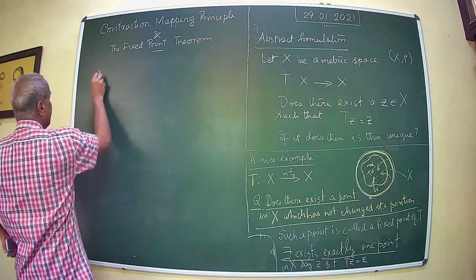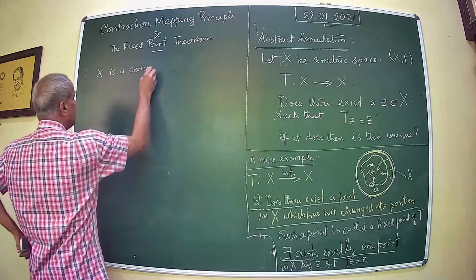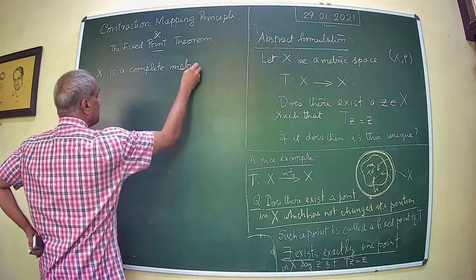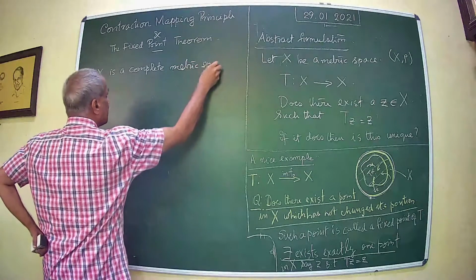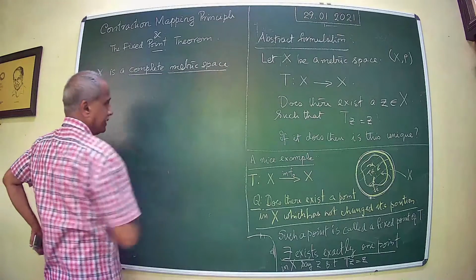So X is a complete metric space. I have put one more condition that it's a complete metric space.